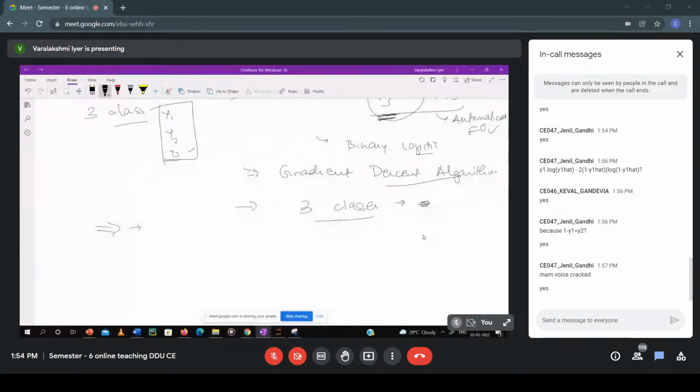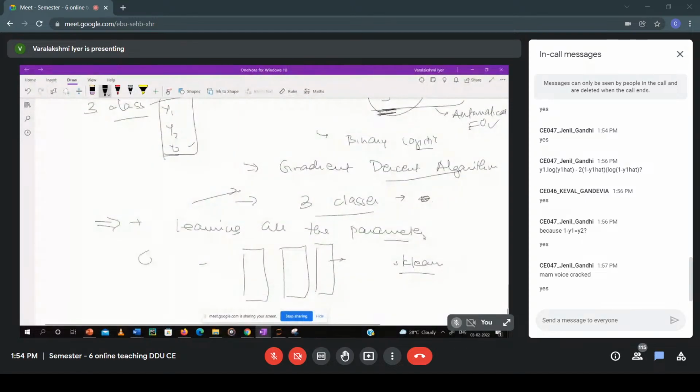So in the gradient descent algorithm, we'll be learning all the parameter values. For different classes, we'll be learning different parameter values. Since whenever you are using scikit-learn, this is what will be happening. You will be creating the loss function and applying a gradient descent algorithm to learn these parameter values, which are theta 0, theta 1.